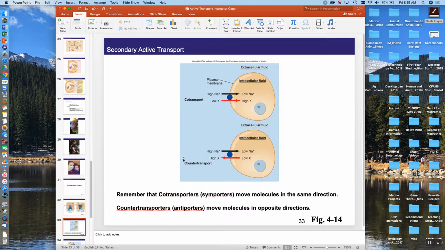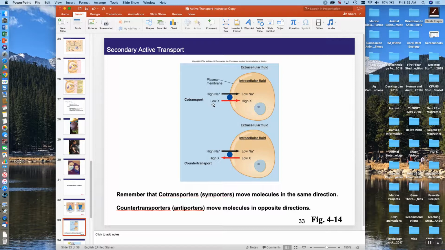So here is the idea. There are two types of secondary active transporters that I want to talk about. If the transporter is using the sodium gradient to move another molecule against its concentration gradient in the same direction, you can see they're both going in the same direction, but sodium is going from high to low, and another molecule like glucose is going from low to high.